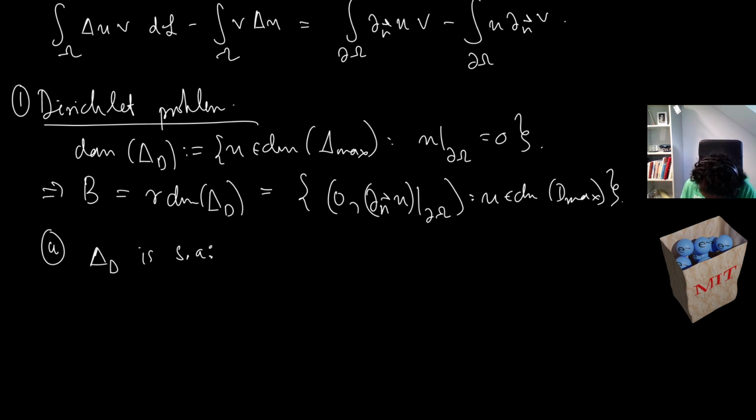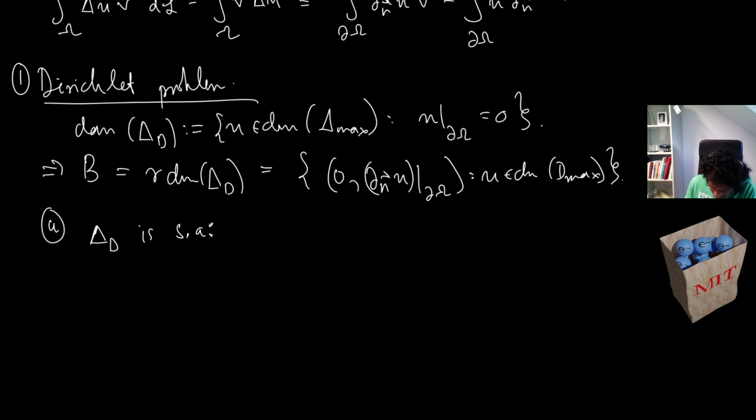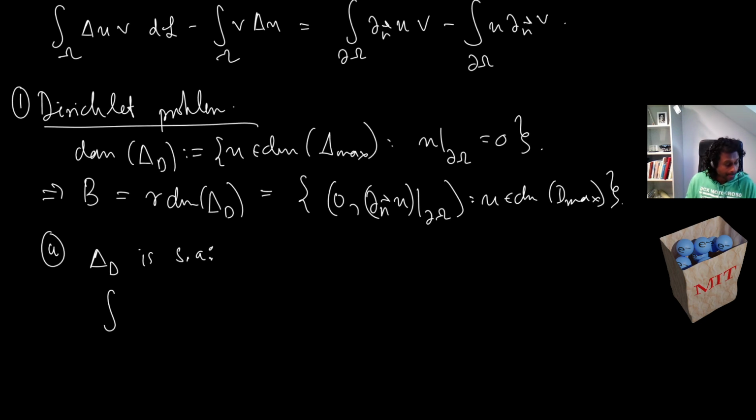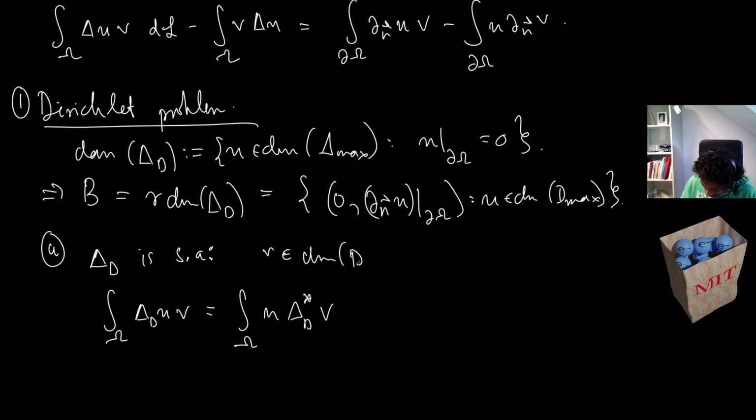So, how do we prove this? Reading off from this integration by parts formula, what's going to be the adjoint? If we take the pairing of Du with v, this is going to be equal to the integral over omega of u times d star of v, for v in dom d adjoint.